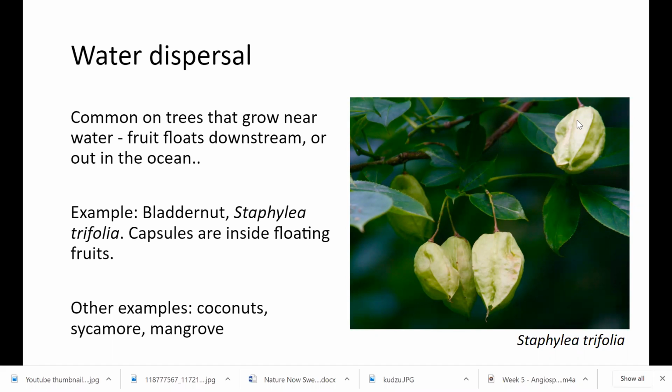The seeds are inside, and so they're hollow and they float really nicely on the surface of the water. And that's a real advantage for Staphylea because it's a riverine or riparian species. And so those fruits can float away from the tree and disperse their genetic material elsewhere. Other examples of water dispersed fruits are coconuts, sycamores, which always grow near water, as well as mangoes.